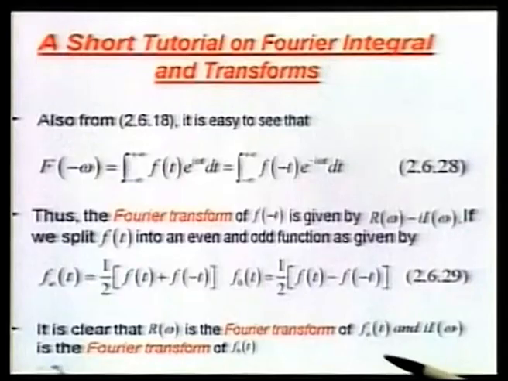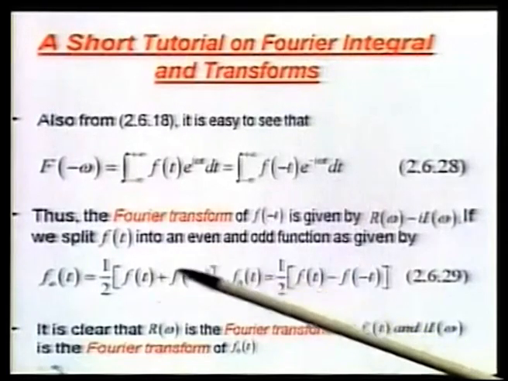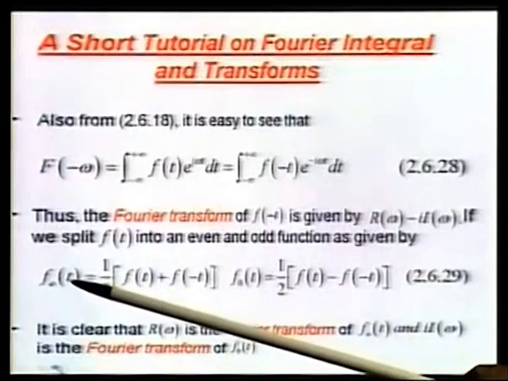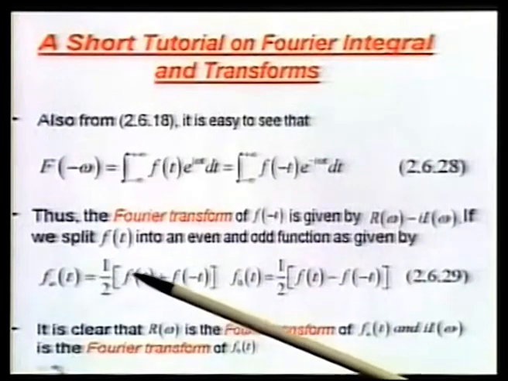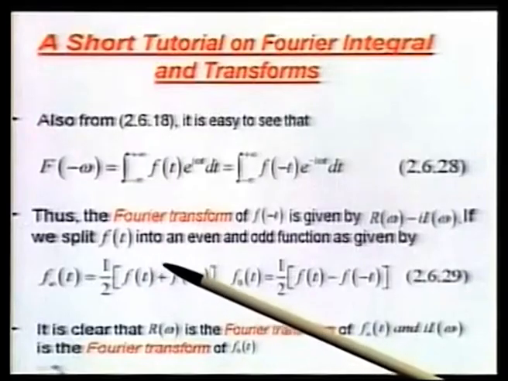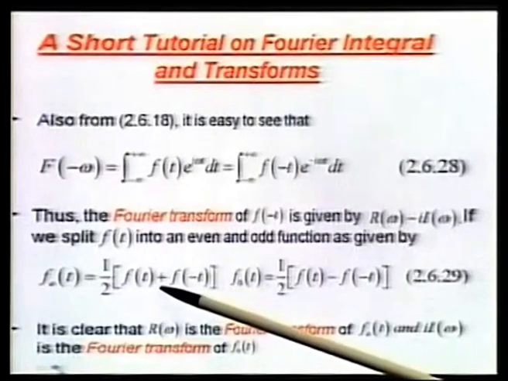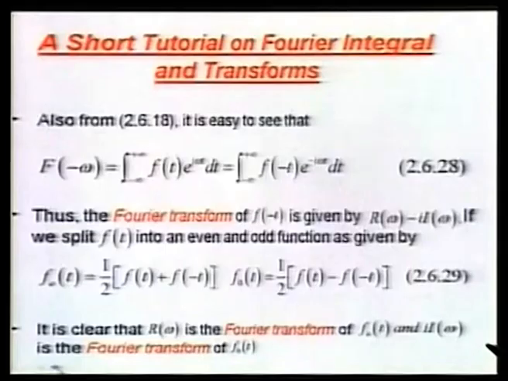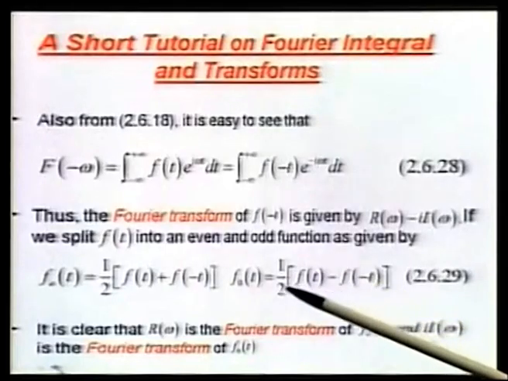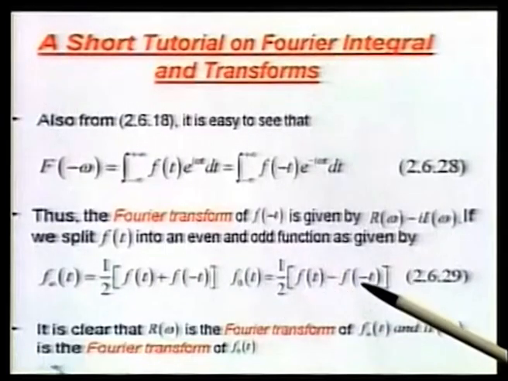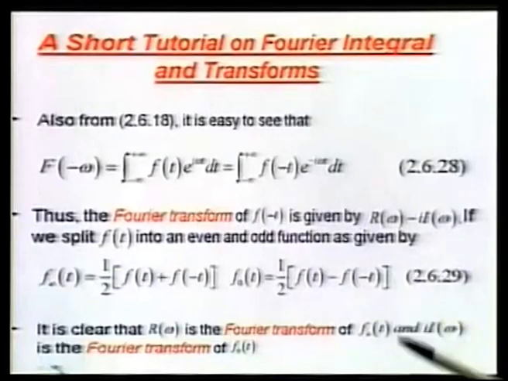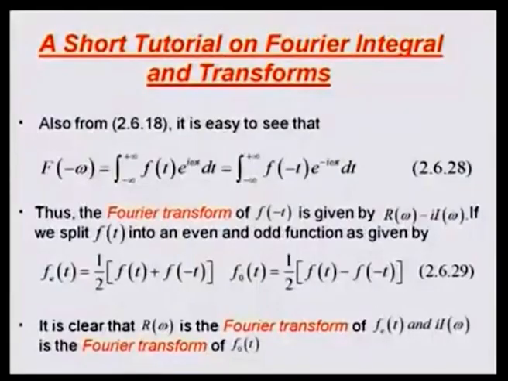You can clearly see that the Fourier transform of this will be R of omega, right. Whereas, if I take the Fourier transform of this, I will get i times I of omega. You can just simply substitute in the formula and you will get that.